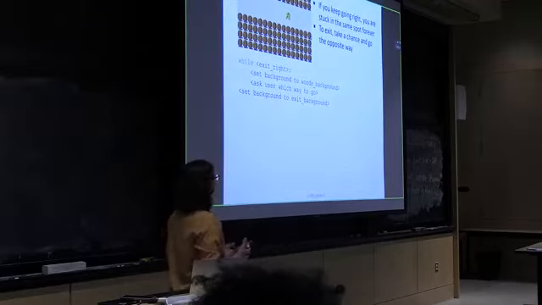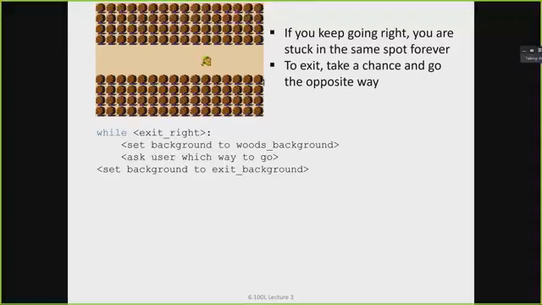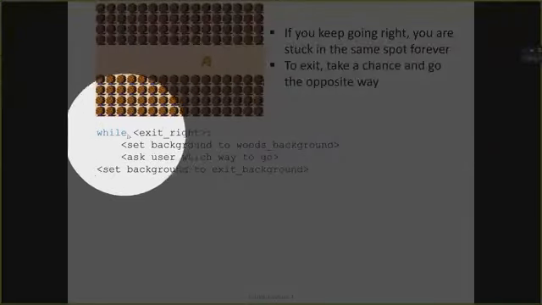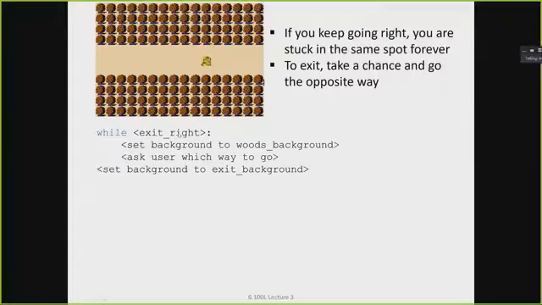And that's the motivation for introducing iteration. The situation on the previous slide fits really well with some task we want to repeat multiple times, as long as some condition is true. In our case, the condition is the user says, I want to exit right. So while the user keeps saying exit right, show them the woods background and ask them again which way they want to go.